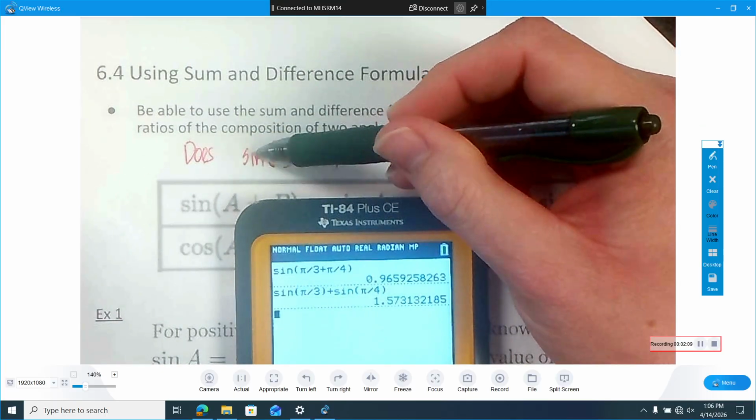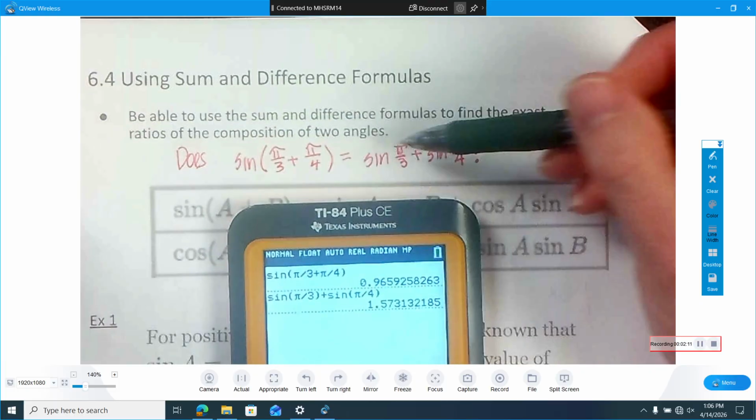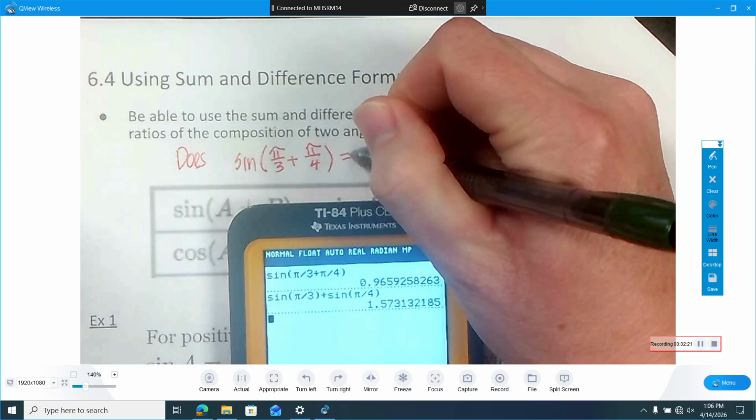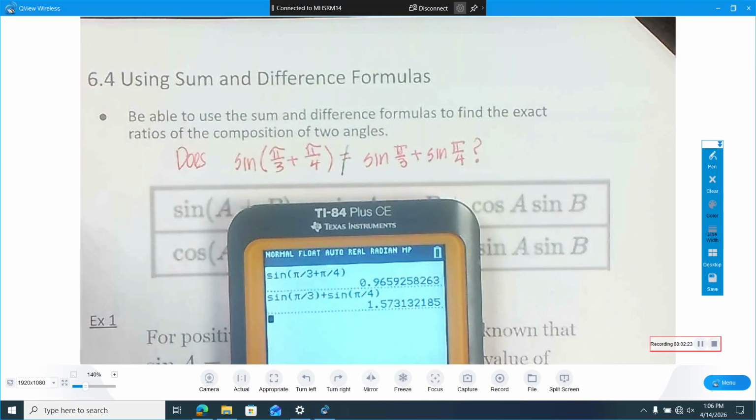This looks like a 2, and normally you would just distribute it. But it doesn't work that way, because sine is a whole opposite over hypotenuse sort of thing. So these absolutely do not equal each other. That's the first thing we want to make sure we understand. You cannot distribute a function. It doesn't work that way.